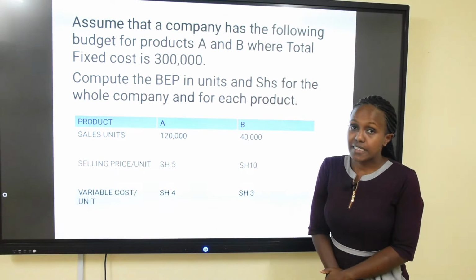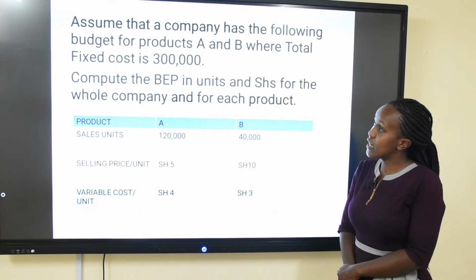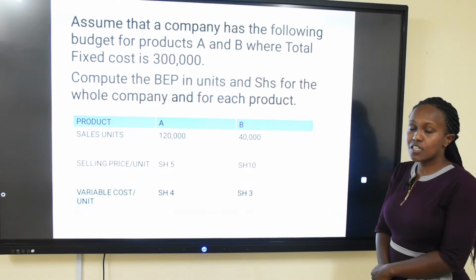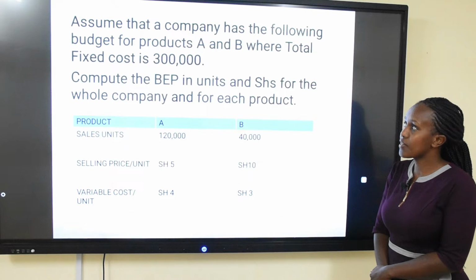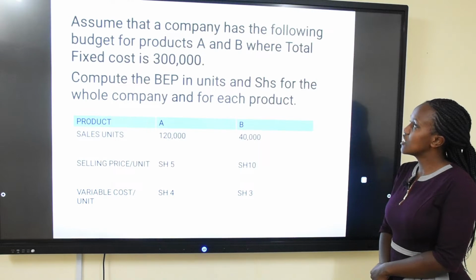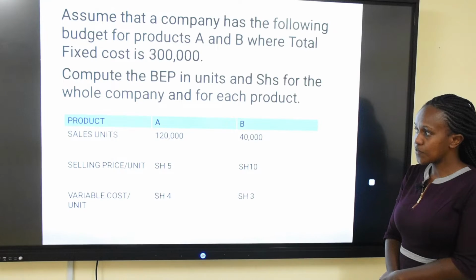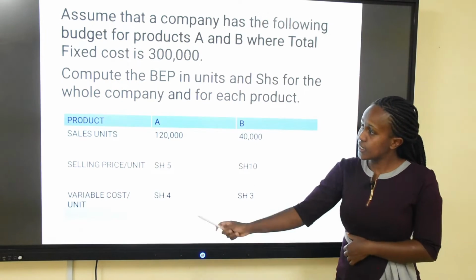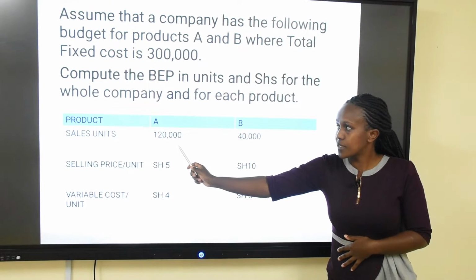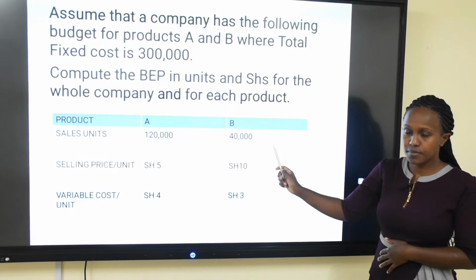Our question says that assume that a company has the following budget for products A and B, where total fixed cost is 300,000. Compute the break-even point in units and in shillings for the whole company and for each product. You can see that the sales units is A 120,000, B 40,000.